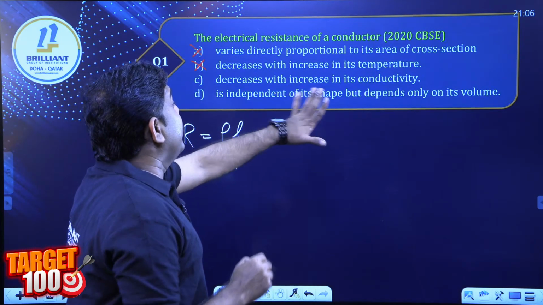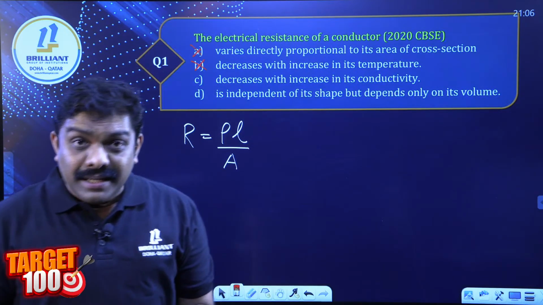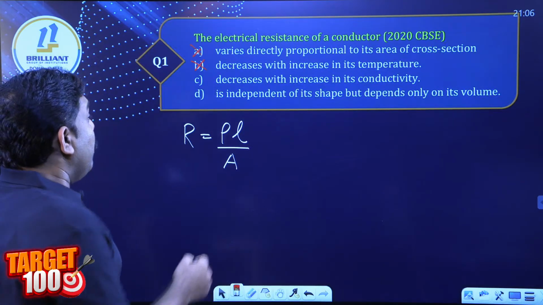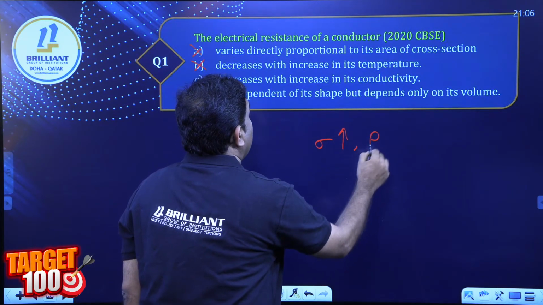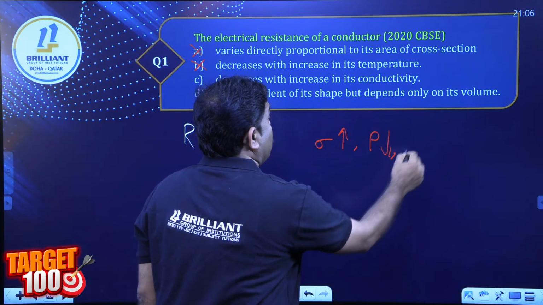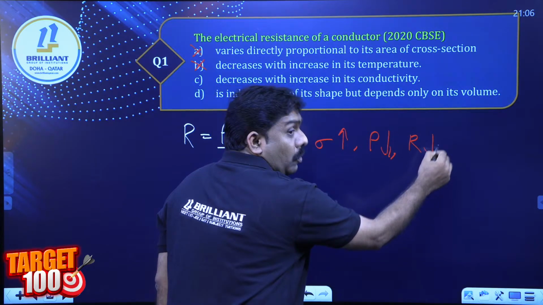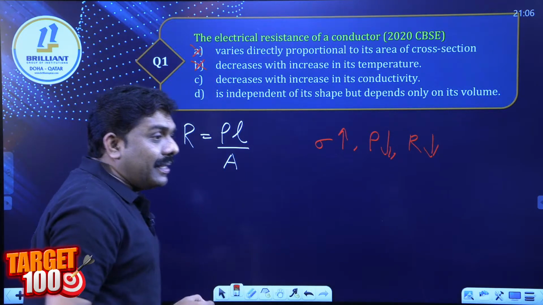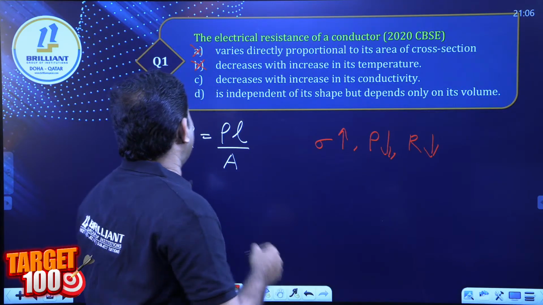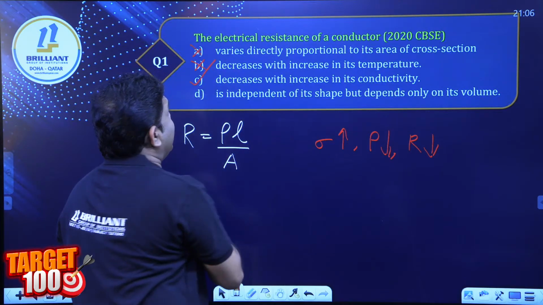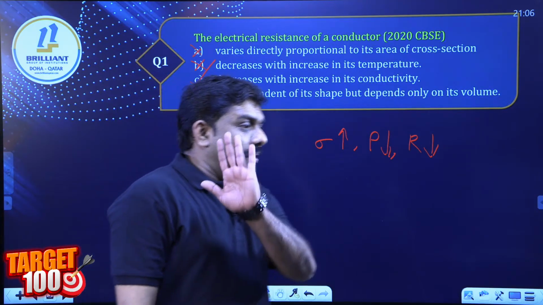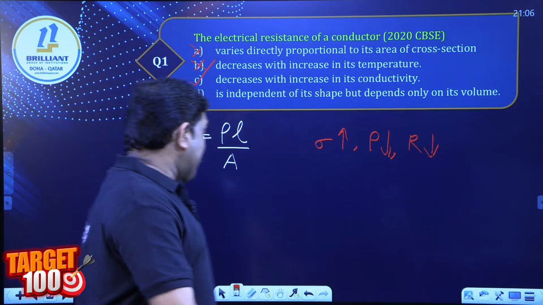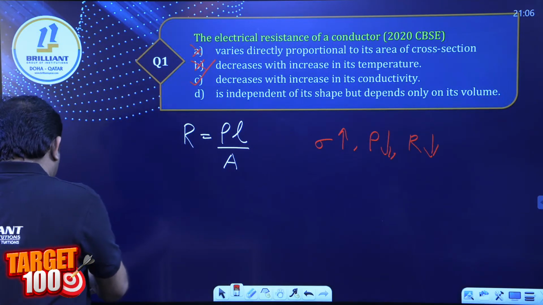Decreases with increase in its conductivity is the right option, because when conductivity increases, resistivity decreases, so resistance also decreases. So the right answer is option C, decreases with increase in its conductivity.